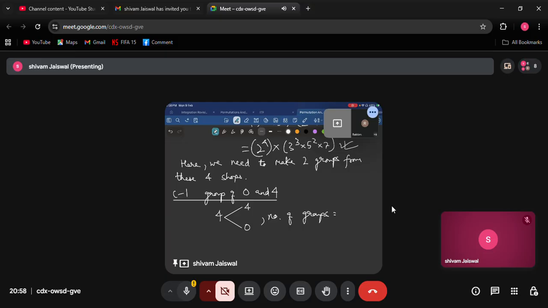So one way of making groups is a group of 0 and 4. Yes, sir. Right, 4 can be written as 4 plus 0. So in how many ways can you form a group containing 4 elements and another group containing 0 elements?